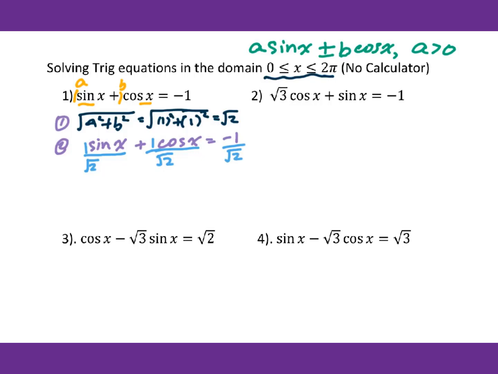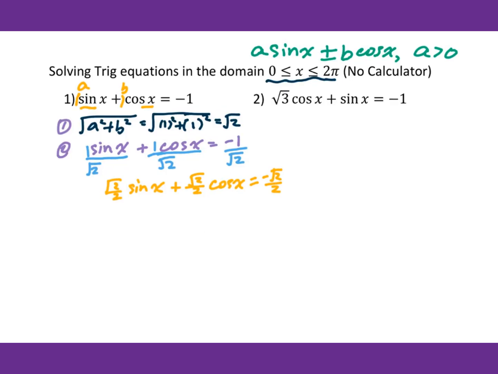Therefore, we got square root of 2 over 2 sin x plus square root of 2 over 2 cosine x equal to negative square root of 2 over 2.